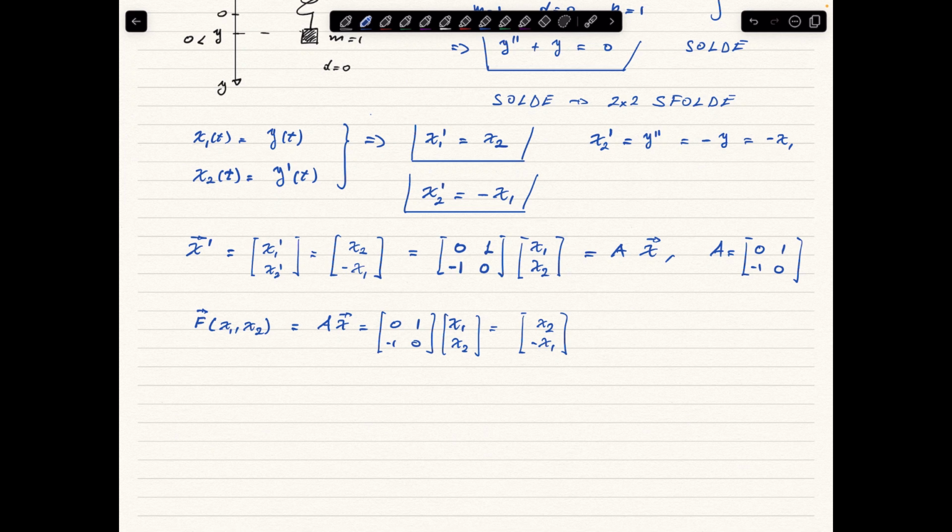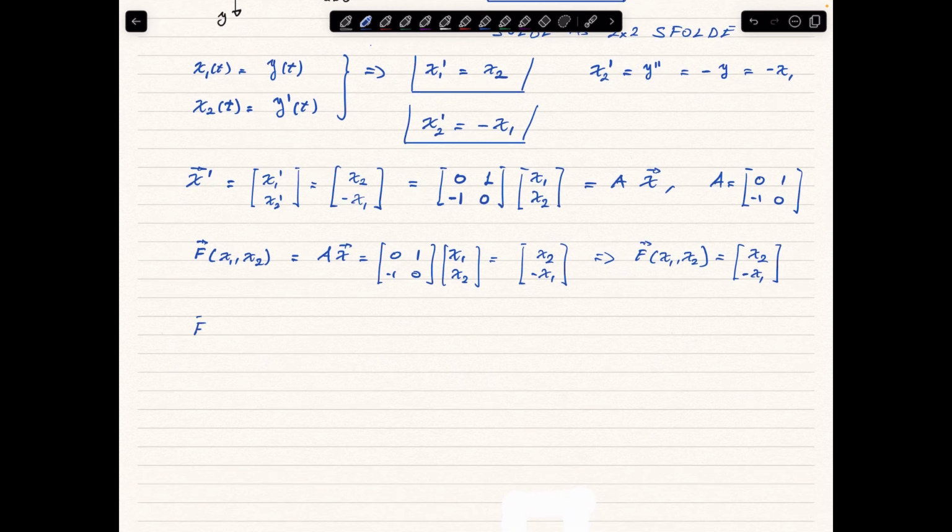So the f in column vector notation is just x2, negative x1. But now I'm going to use the bracket notation to write down the same vector, which actually is a vector field. So it's going to be x2, negative x1. So you see, this is a vector field. At every point we associate this vector.